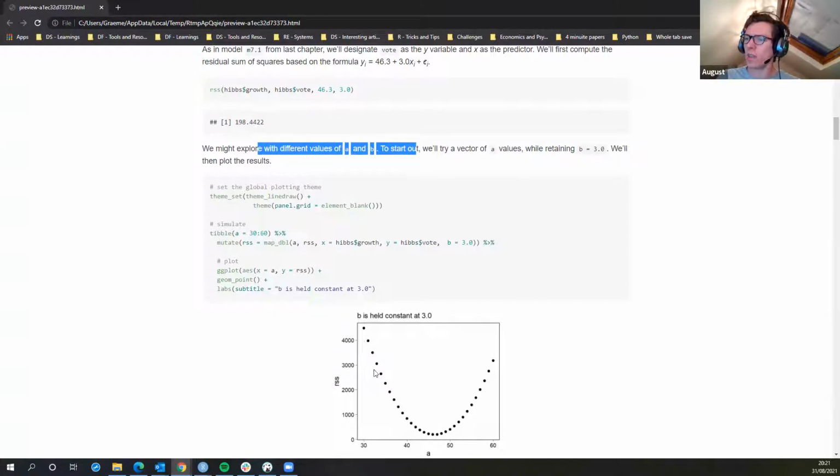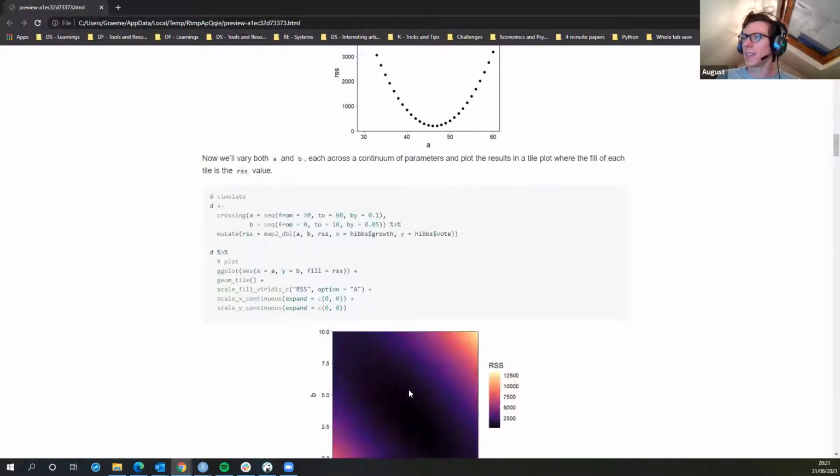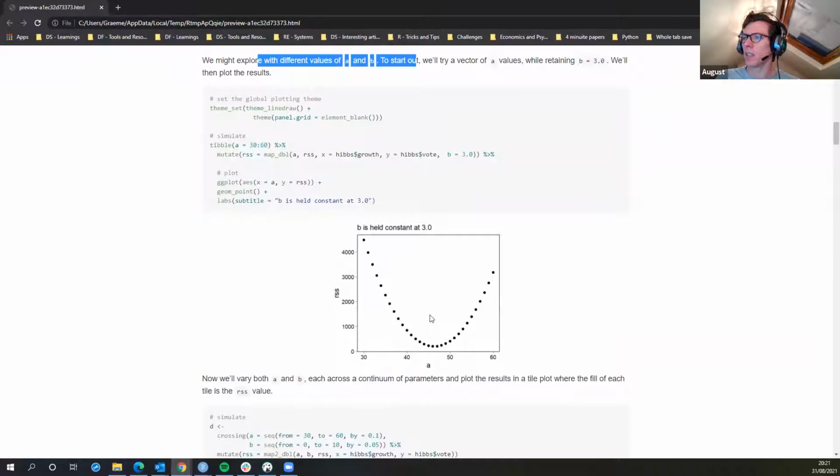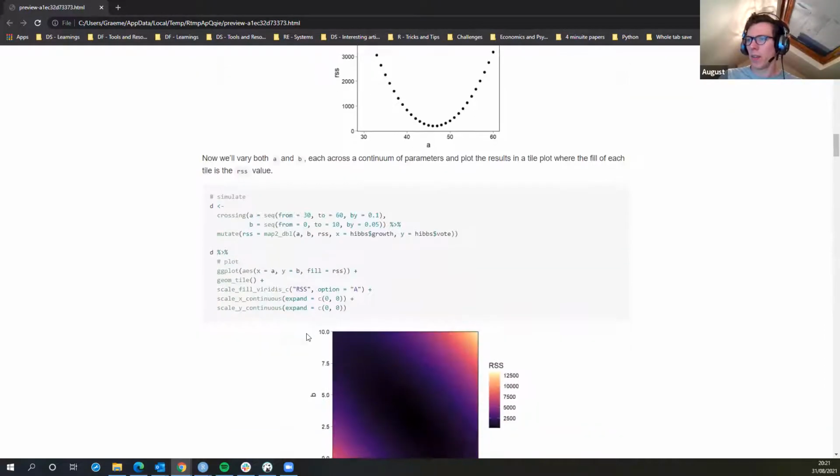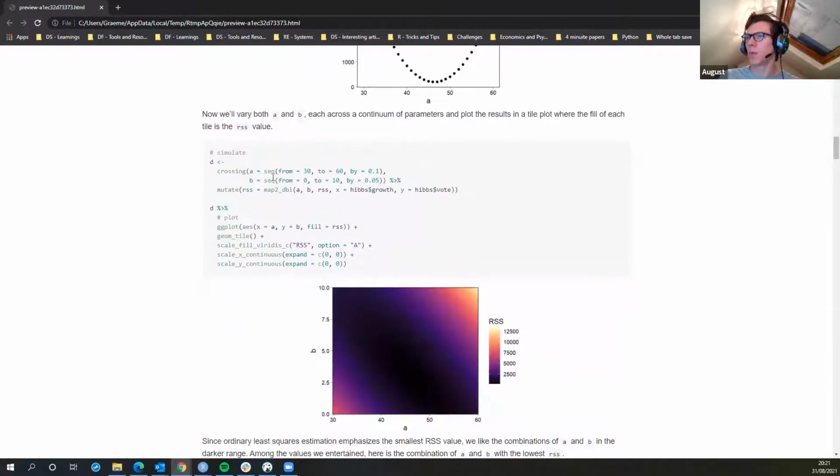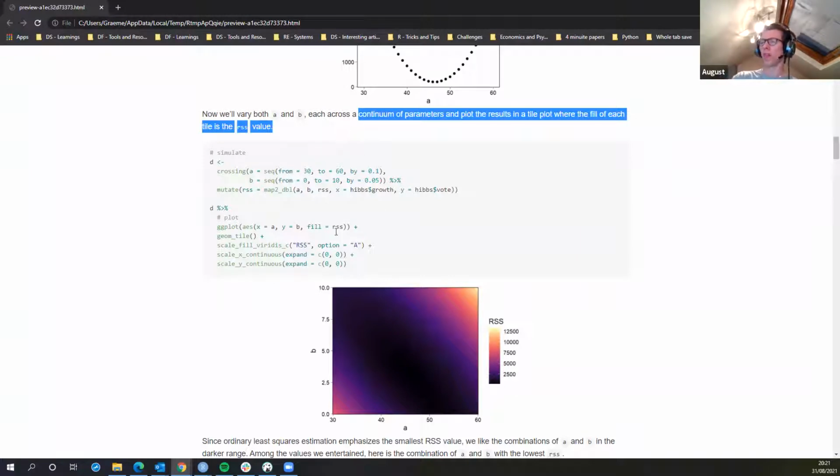So as we increase A, or change the position of A, then the RSS gets worse, essentially. Yeah, it shows that it is in fact the minimum. And then this one, what's this one? Crossing from 30 to 60, the value of the RSS.